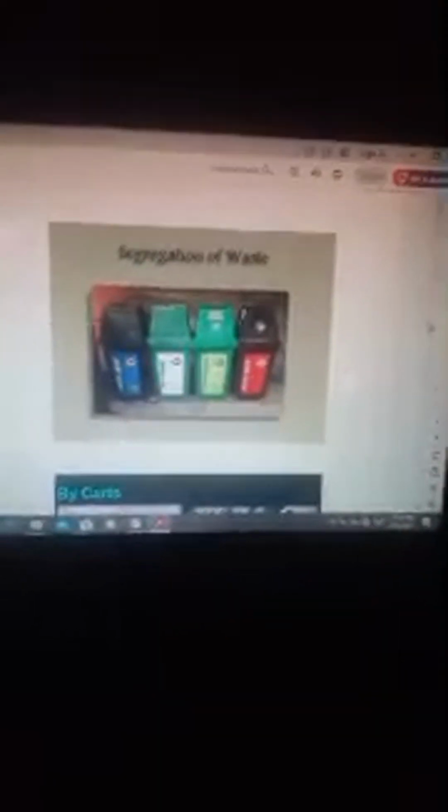Segregation of waste is colorful and more comfortable for the garbage. Delivery by carts and by trucks, in towns and cities.